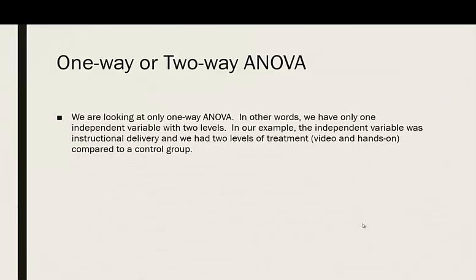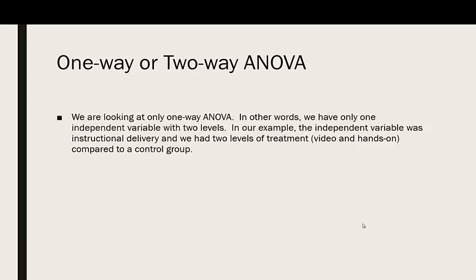So up until this point, you've heard me refer to we're doing a one-way ANOVA. There are multiple forms of ANOVA methods out there. Another one is a two-way ANOVA. We're looking at one-way ANOVA. The one-way means that we only have one independent variable with multiple levels.